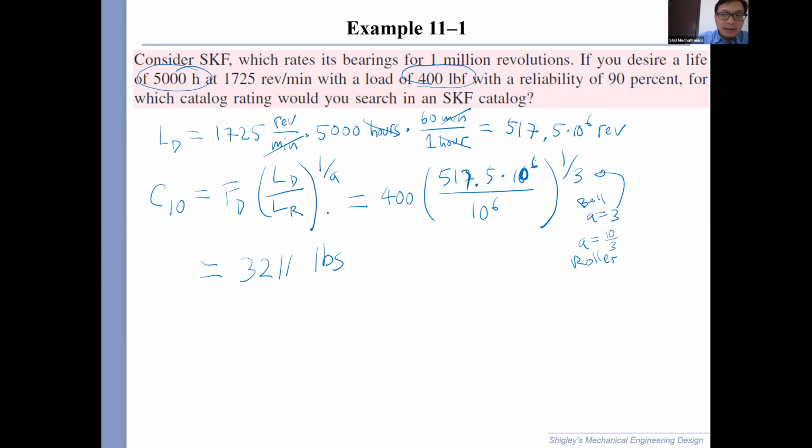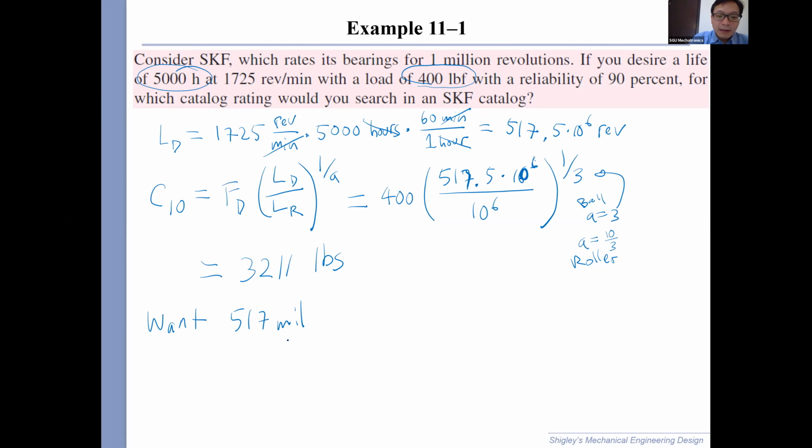Remember that we wanted 5,000 hours at 1725 revolutions per minute, resulting in 517 million revolutions. So I want 517 million revolutions lifetime. That is significantly more than 1 million.